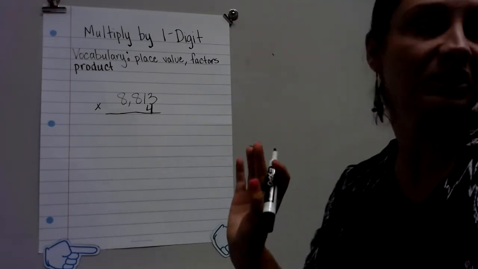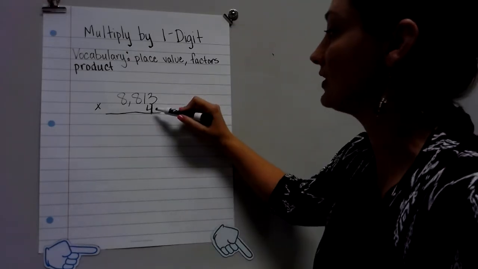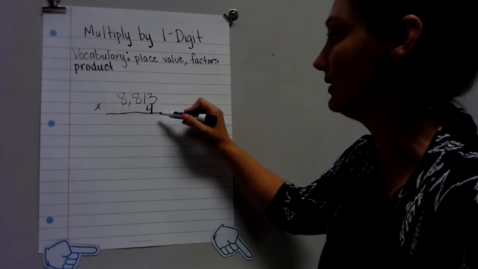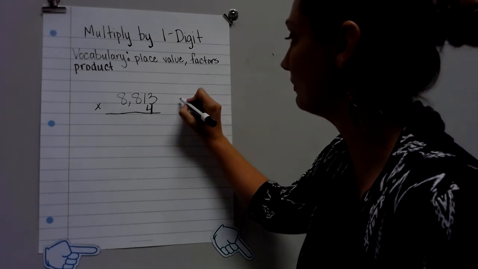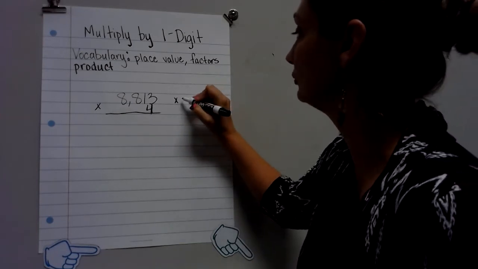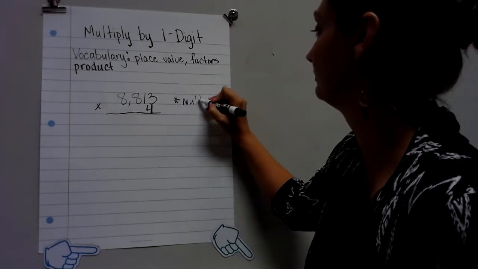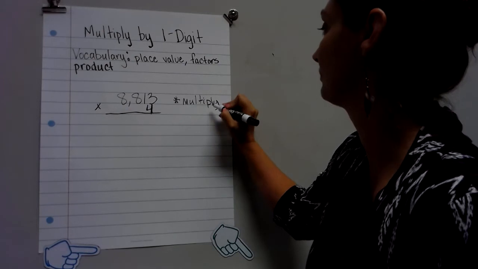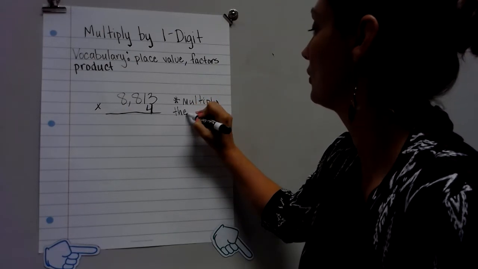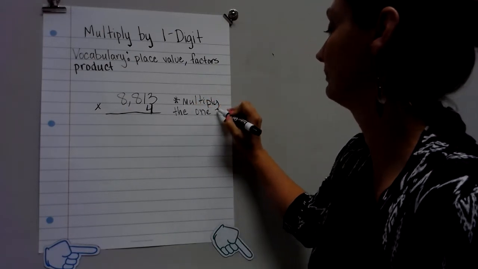I'm going to turn this way just a little bit. So the first thing I'm going to do is I'm going to multiply my ones place. So I'm going to put that step out here. Multiply the ones place.